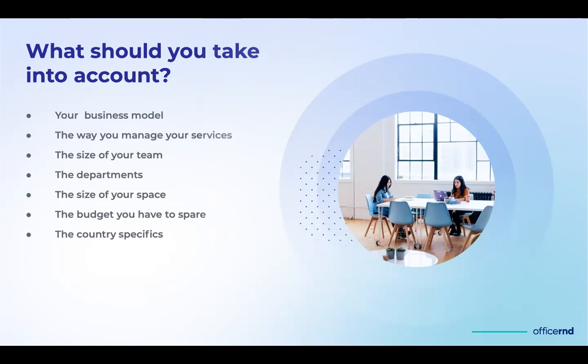After that, of course, is the budget that you have to spare. And the size of your space. Those two are interconnected. For example, if you're planning to implement a door access system, then definitely the size of your space and the budget go hand in hand. And linked to COVID, you need to take into account the country specifics.